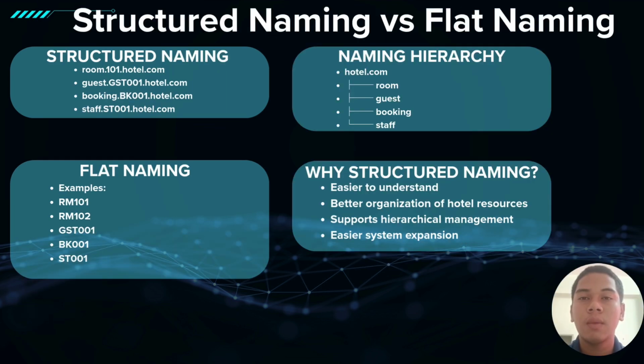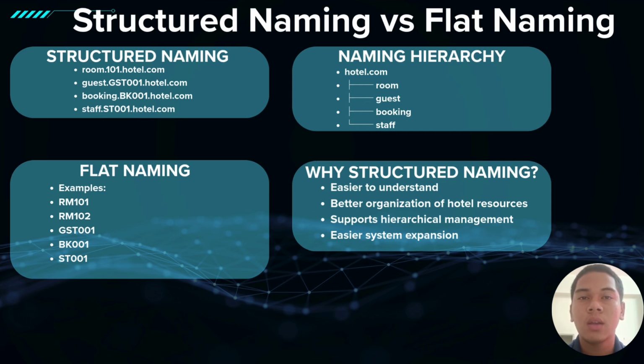Structured naming versus flat naming. In this project, we compare two naming approaches, which are flat naming and structured naming. Flat naming uses simple identifiers such as RM101, GST001, and BK001. Although this approach is simple, it does not provide information about the type or category of the resource.